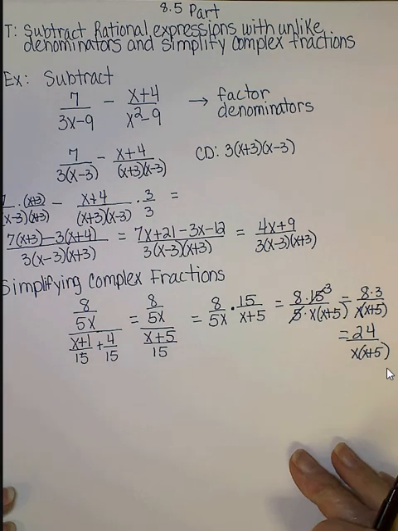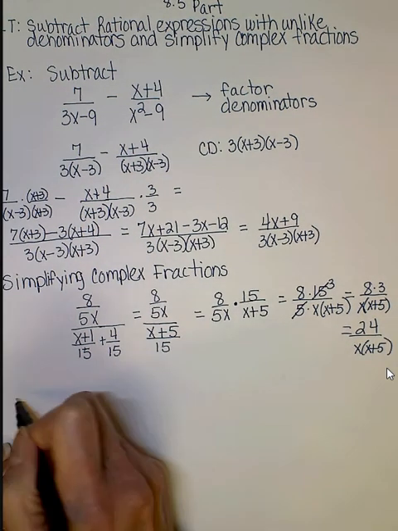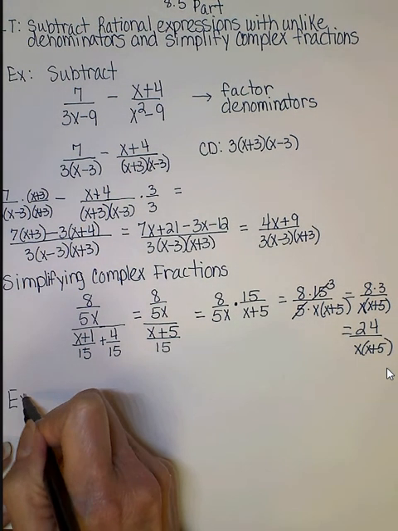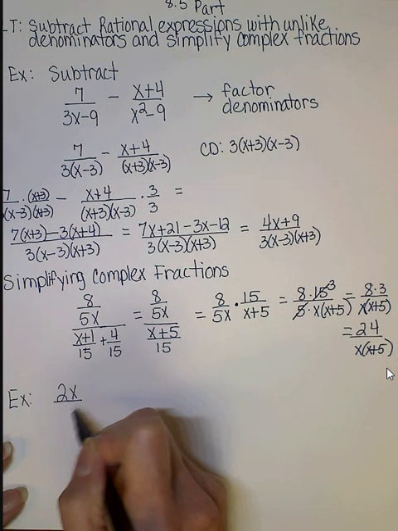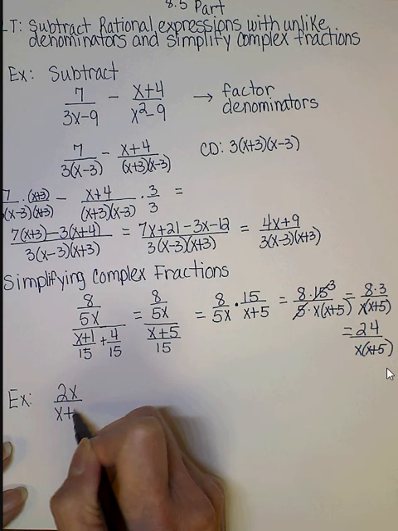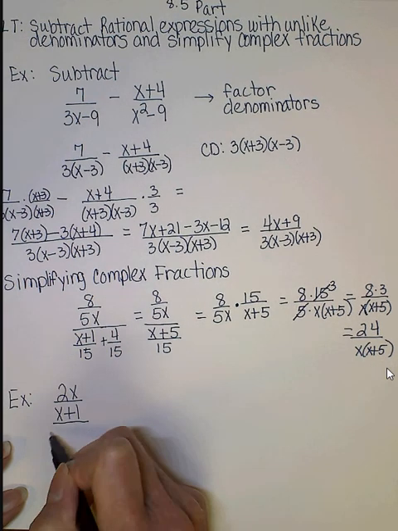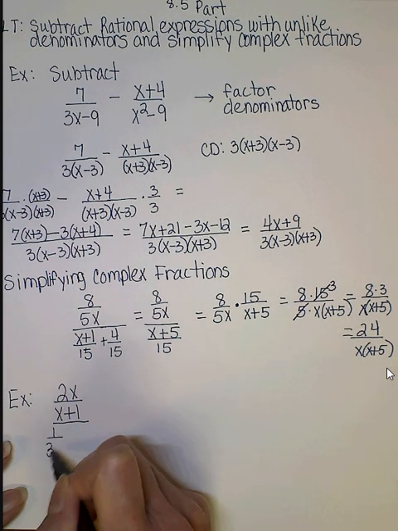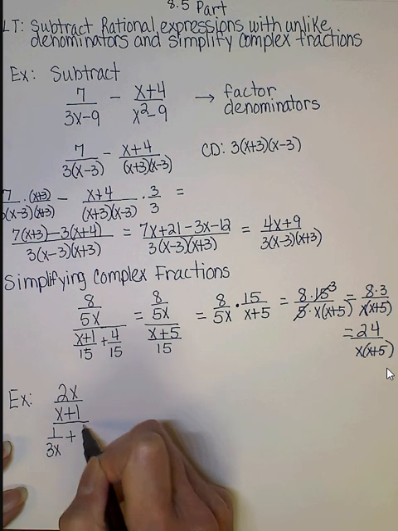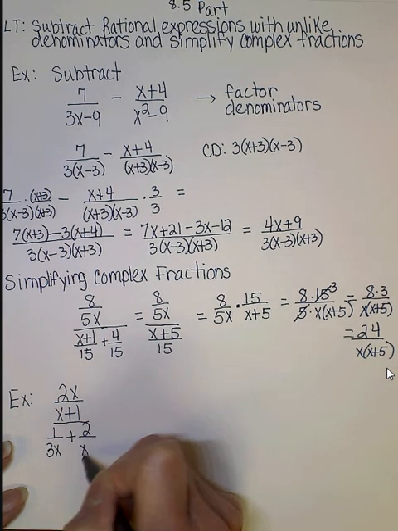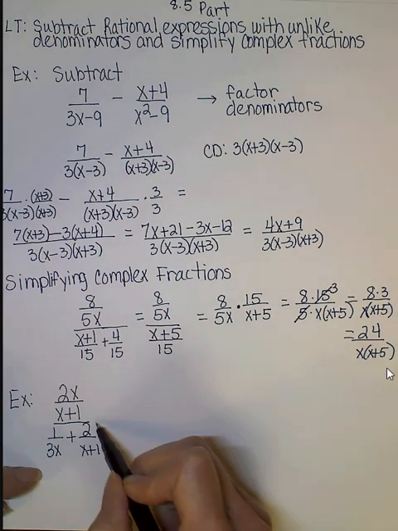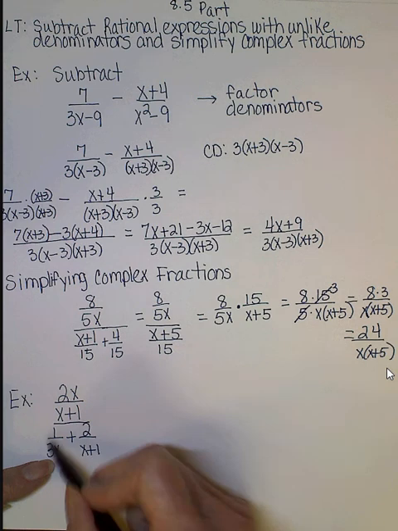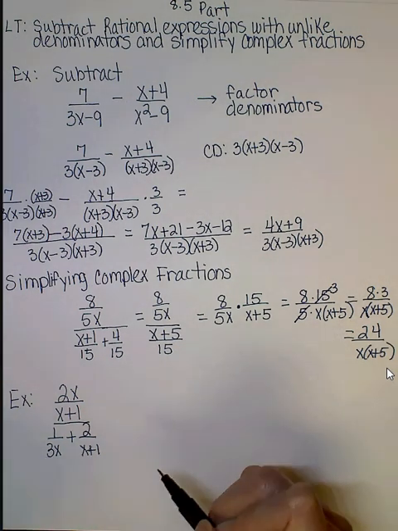Okay, let's look at one more example of this. These look really crazy complicated, but they're not that bad if you just try not to let them intimidate you. Okay, now you can treat this as a separate problem and get the common denominator like we've been doing.